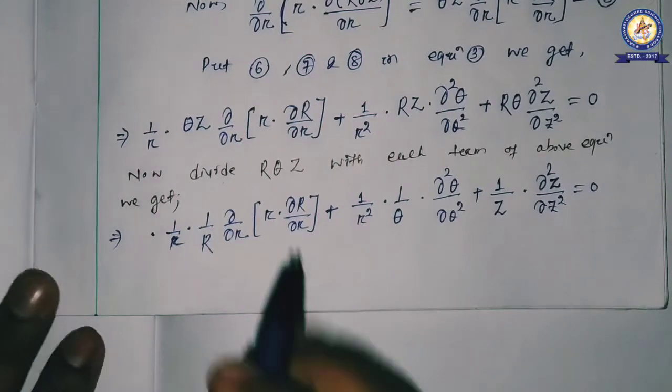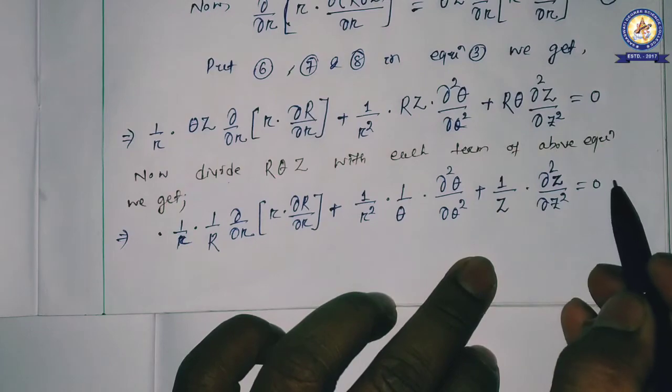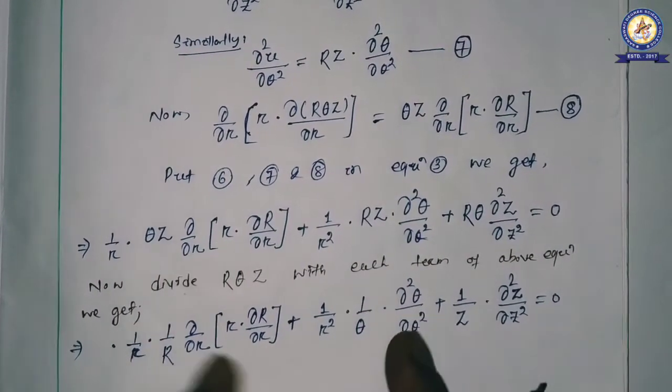So here I can take this term to the right hand side. Then how much can I get? I have to go for the next page. So what I can write, this much equal to minus of this one.